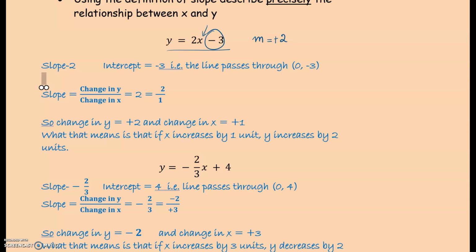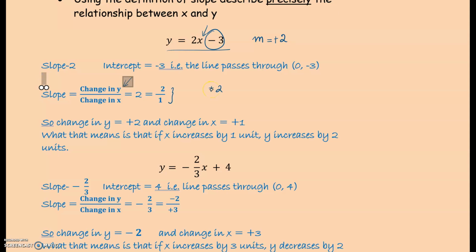So the slope, by definition, is change in y over change in x. Change in y over change in x is the slope. Rise, y, is vertical, run, x, is horizontal. So we write it as 2 over 1. That's the same as 2.